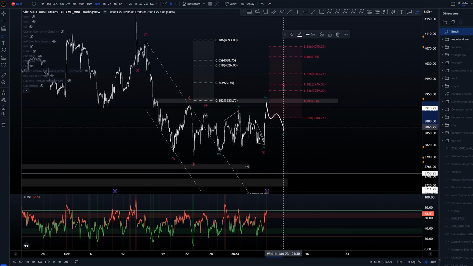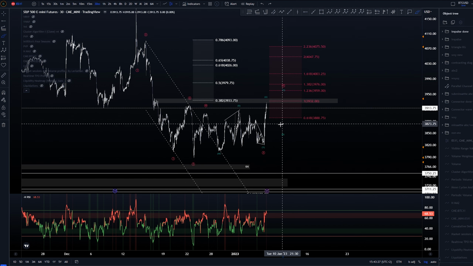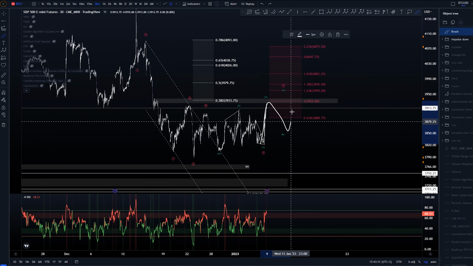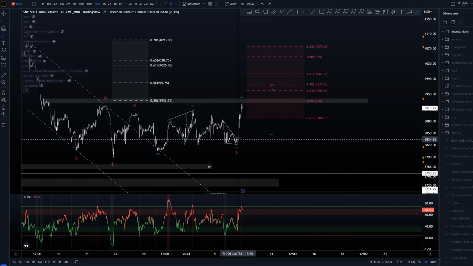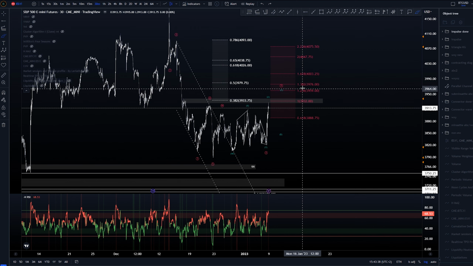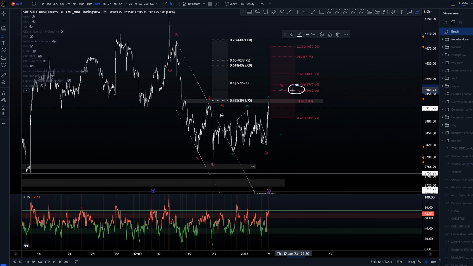If this indeed turns into a proper three-wave move, I'm probably exiting my short here, looking for that long setup again to create this potential ABC structure or a WXY, whatever it's going to be turning into, and then looking for shorts again somewhere higher here.